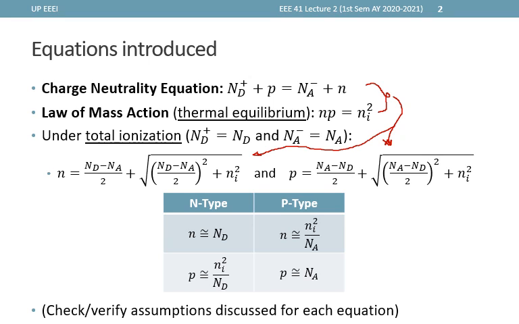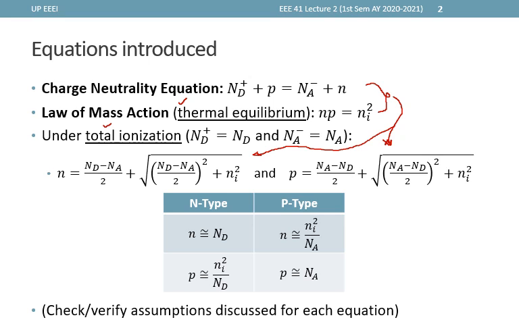However, again, we must meet the conditions that the material must be in thermal equilibrium and under total ionization. If it is not in total ionization, then we'll just replace back Nd with Nd plus and Na with Na minus.